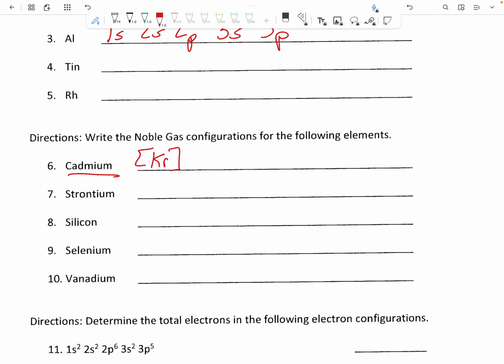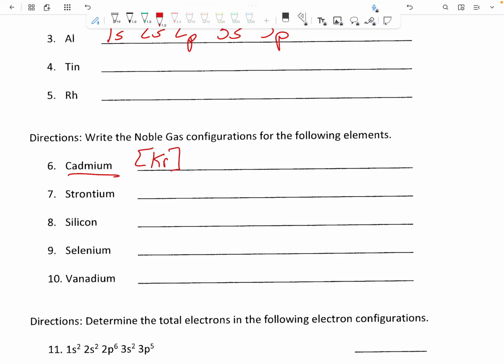All of those noble gases are in group 8, not period 8, but group 8. So krypton in brackets means everything up to krypton has been taken care of. We don't have to start with 1s2, 2s2, or anything like that. Now we have to write whatever comes after that, all the way up to and including cadmium.